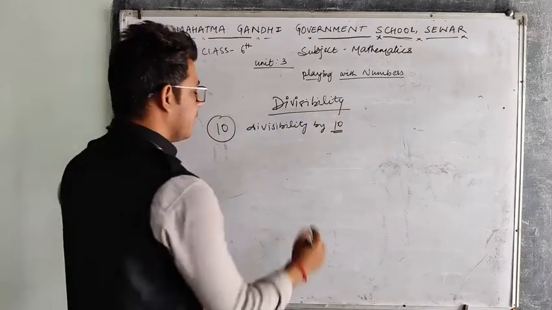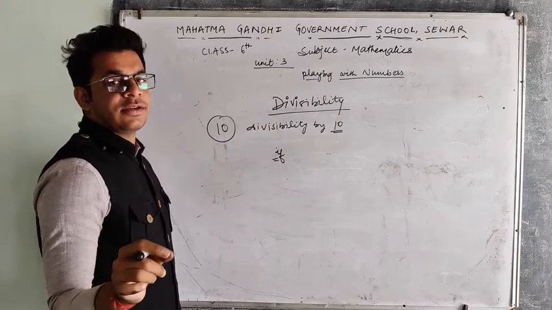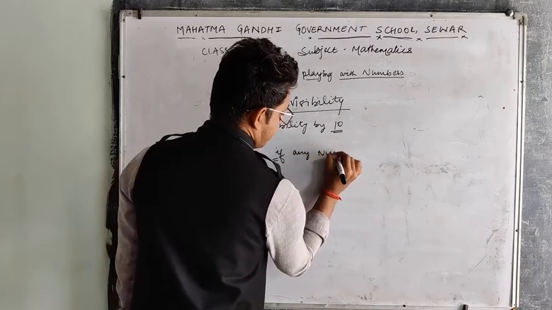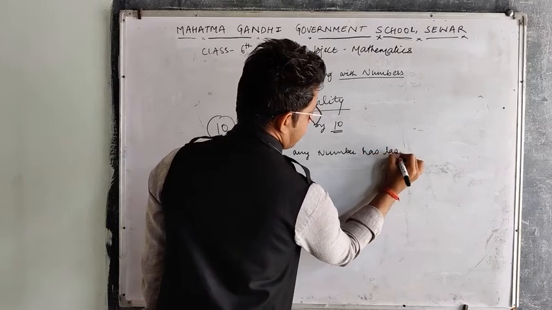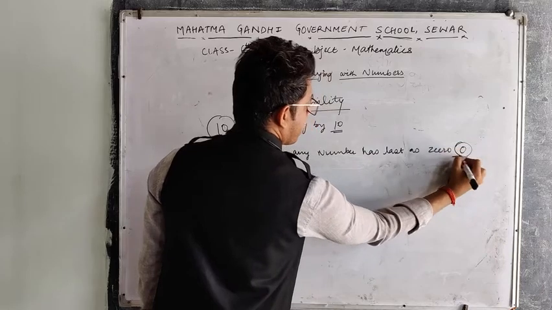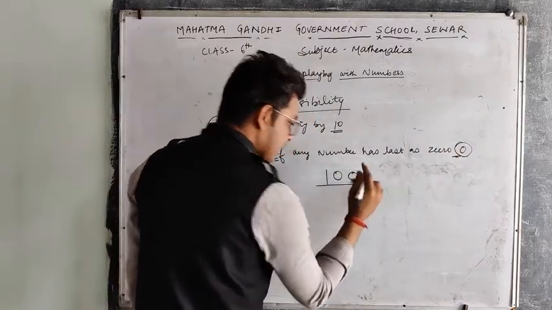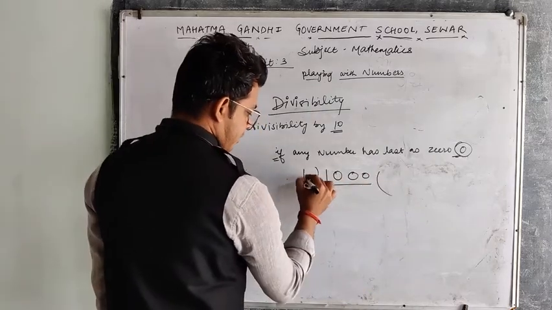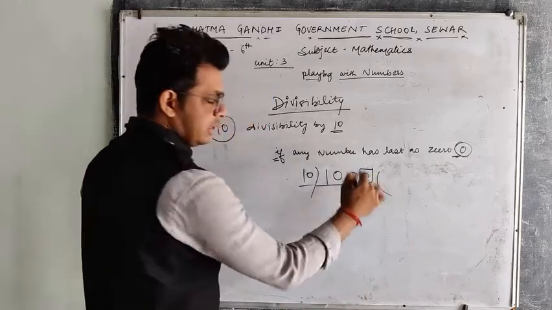If any number has last digit as 0, let's see, if I write this, it will be completely divisible by 10 because the last digit of this number is 0.